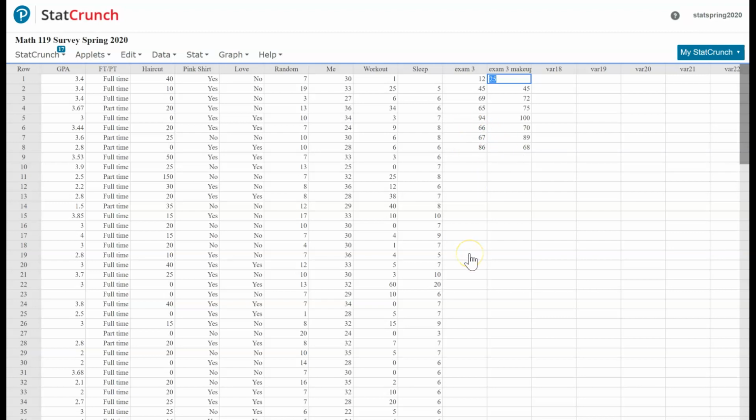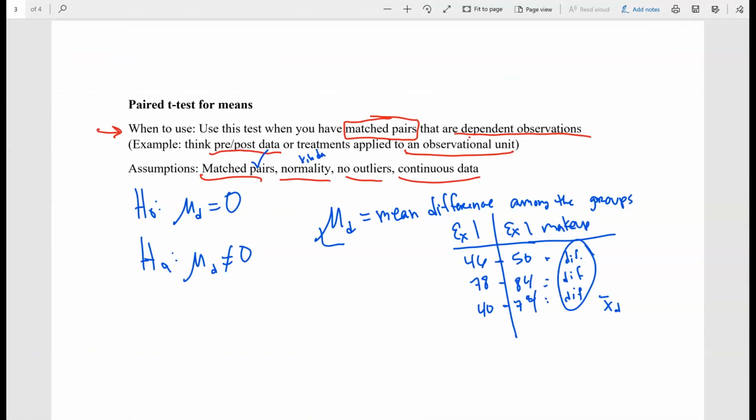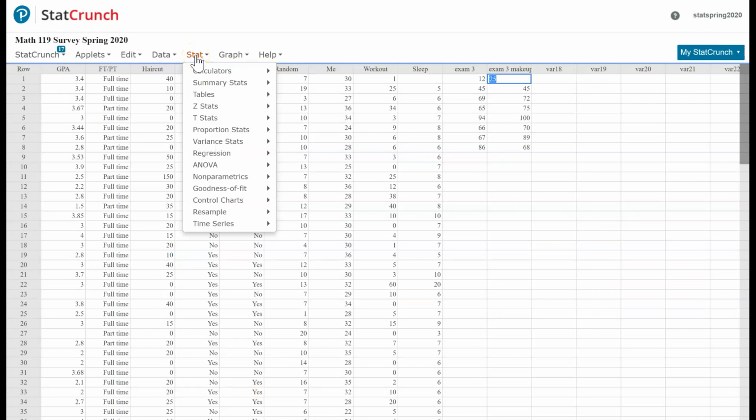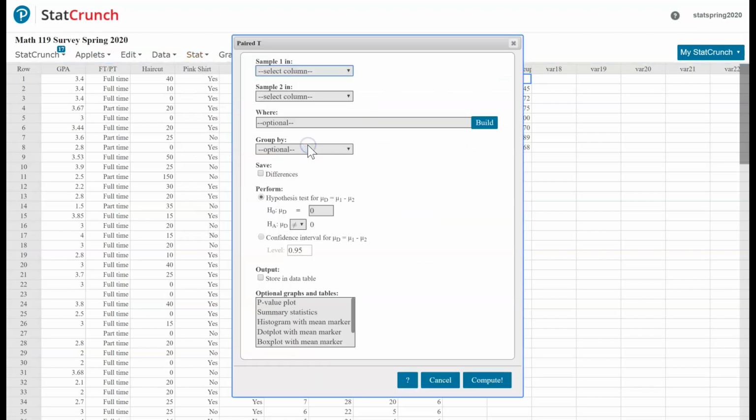All right, so now how do you test it? Let's say all of our assumptions were good, so we just put checks. What do we do? You click on Stat, then T Stats, and then Paired, because you're pairing them.